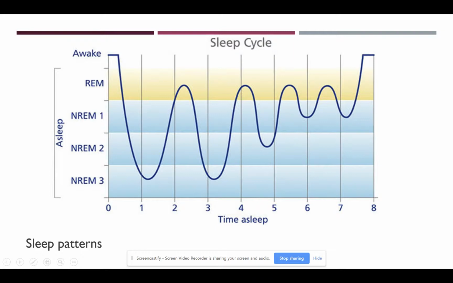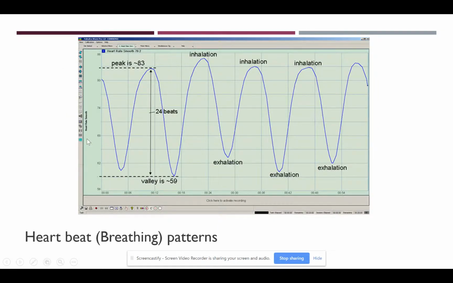Our sleep cycles follow a pattern of being in REM sleep and then different levels of sleep. So that's another pattern that you can experience. Even our heartbeats or breathing patterns, inhaling and exhaling, have a rhythmic pattern to them.